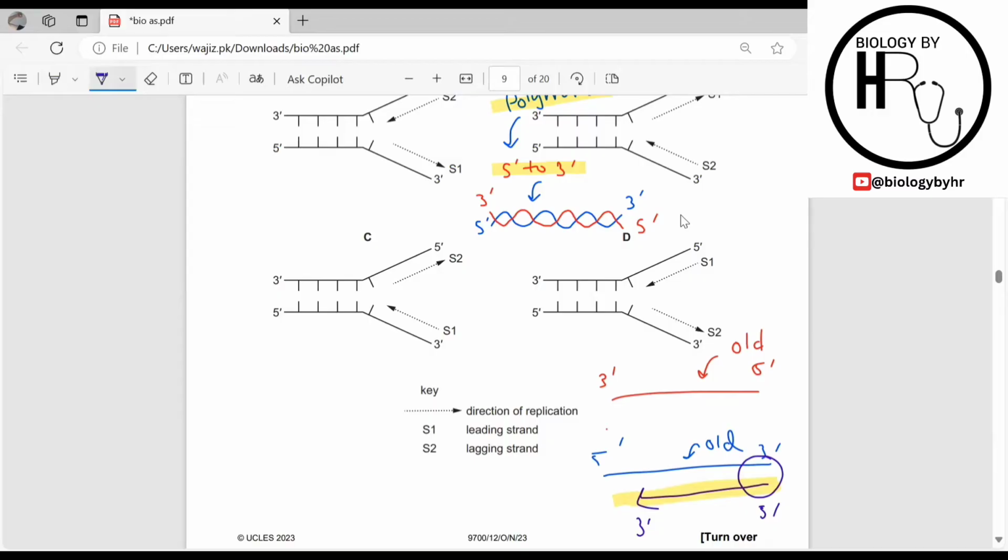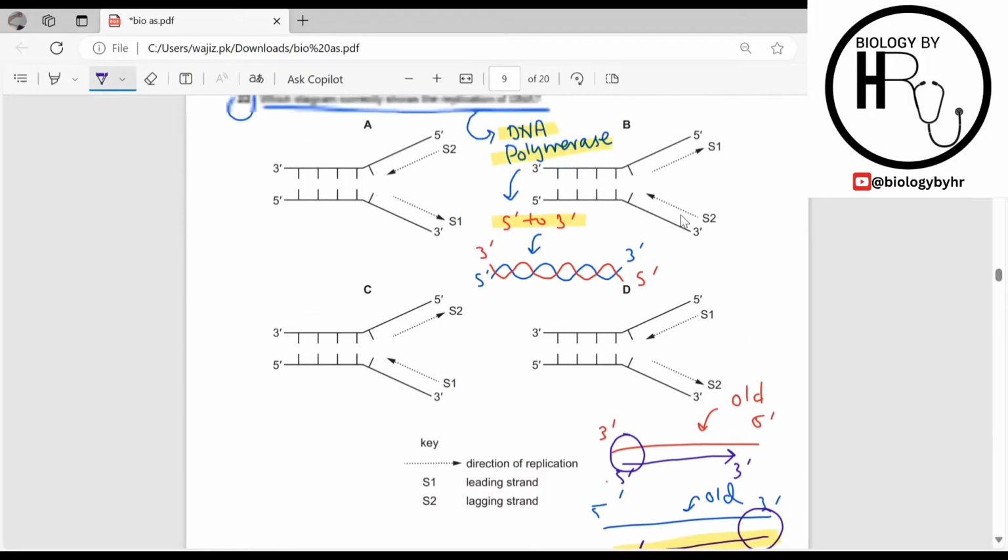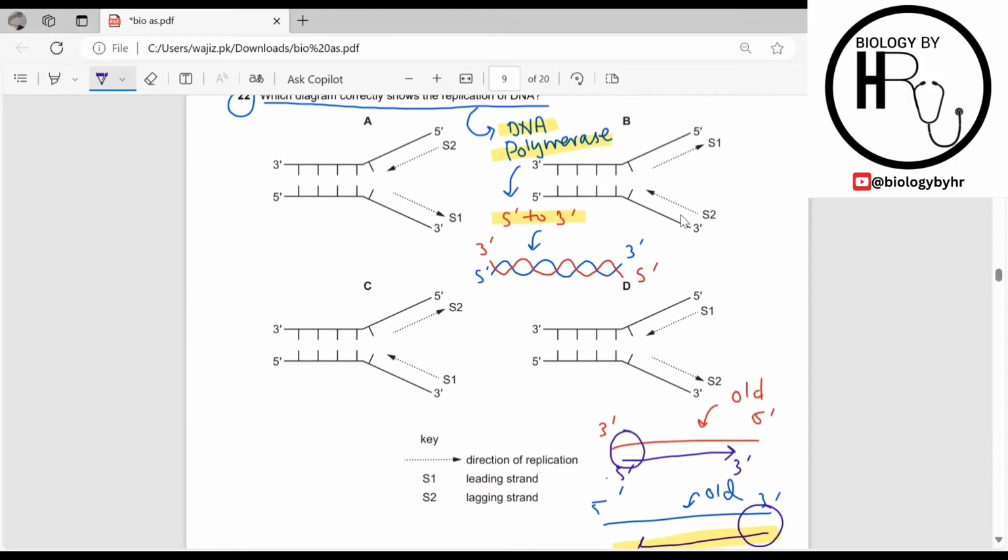And then similarly over here in the red part, the DNA polymerase will start to replicate the DNA from this strand. And it will go like this. From 5 prime to 3 prime, it is going to make a new strand. So now, if this is 3 prime and this is 5 prime, the new strand that is going to be formed over here should be from 5 prime to 3 prime, and DNA polymerase replicates it from 5 prime to 3 prime.